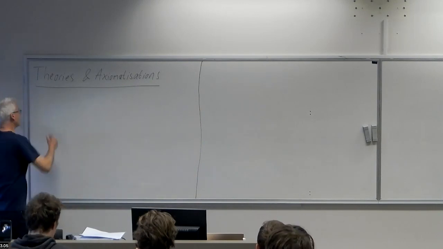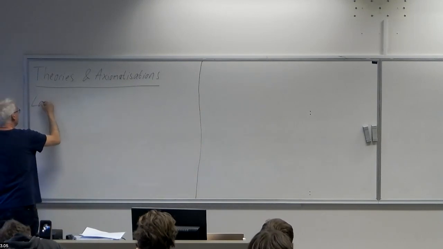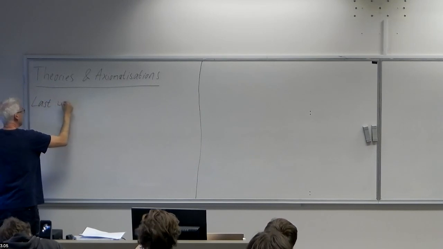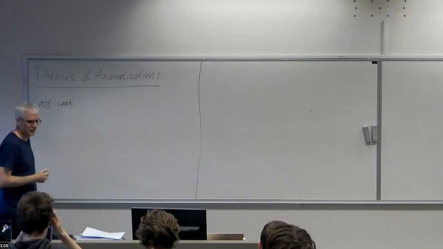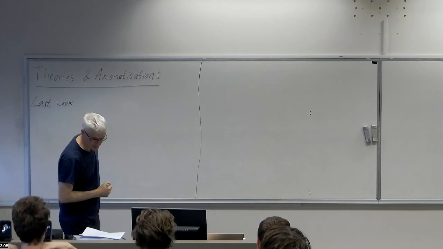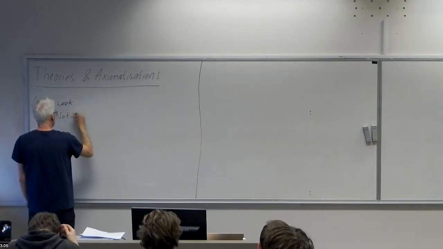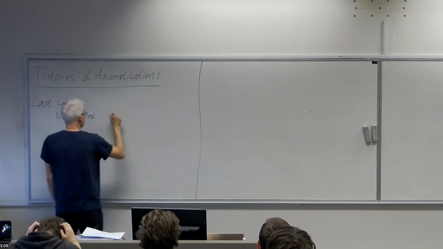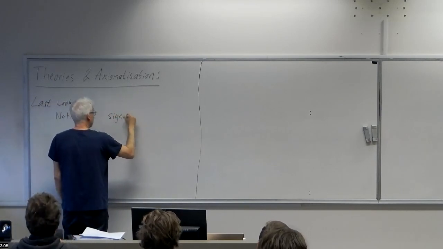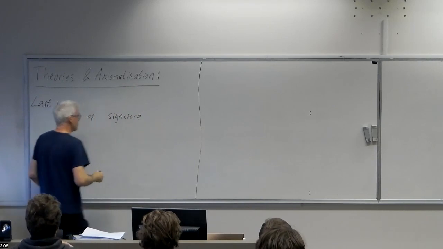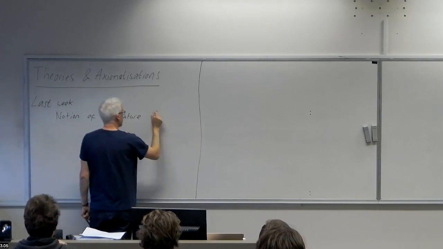So to make sure we're on the same page, let me just remind you of the crucial things you need to remember that we did last week. So we need the notion of signature. If you don't remember, hopefully the reminders you get during the lecture will be sufficient to help you remember.